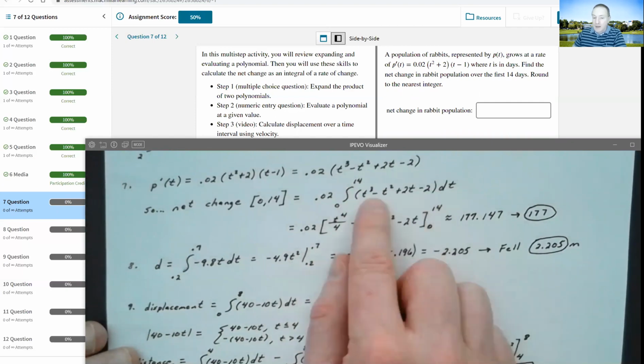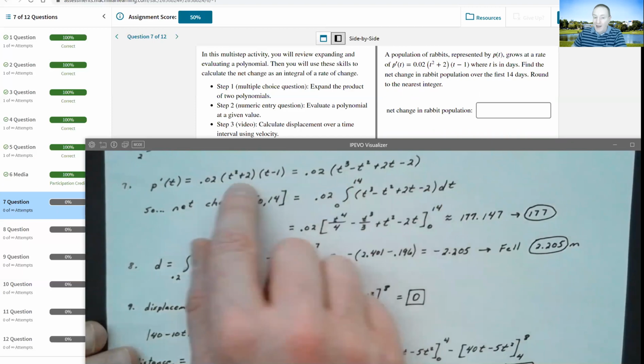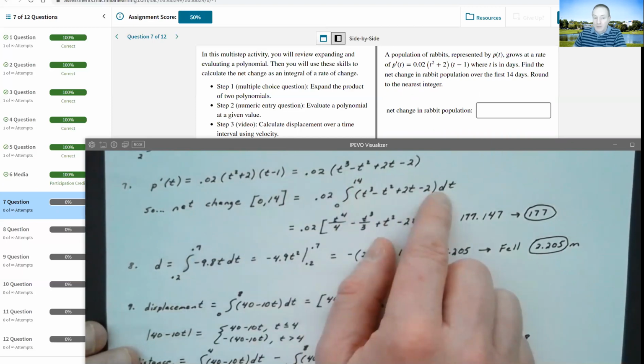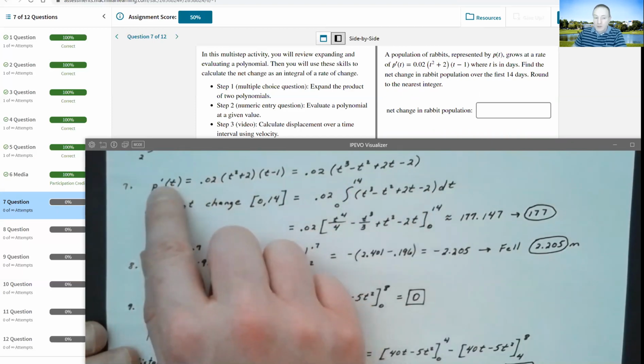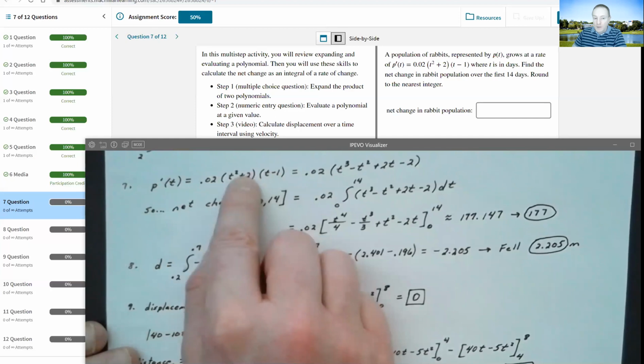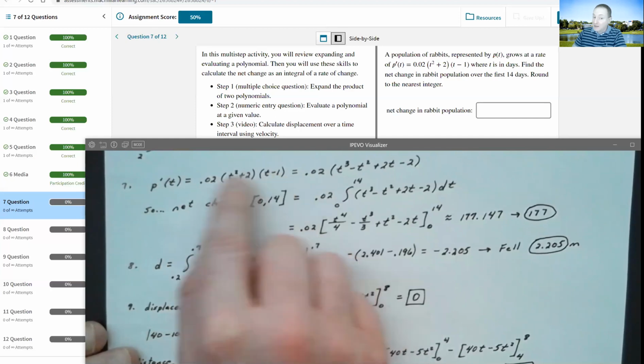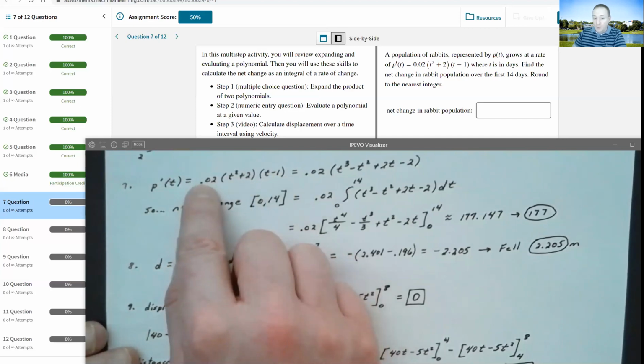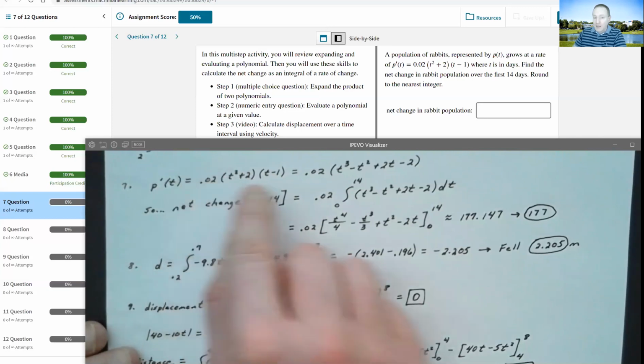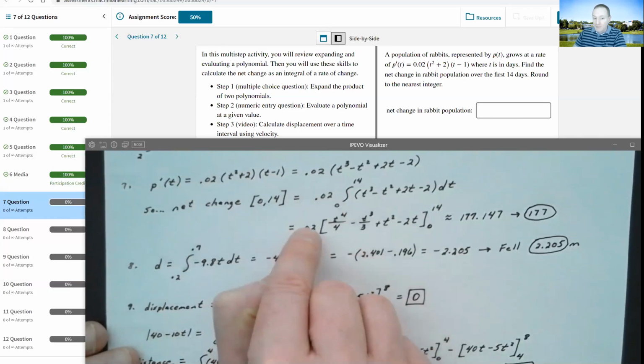Now notice on that population function, I had to have that out as a polynomial. So this original p prime of x, the growth rate of the population of rabbits, I had to say, well, I'm going to multiply the two polynomial portions. It's much easier if you'll just keep the 0.02 out in front. And then that 0.02 can stay out in front of the problem the entire way.